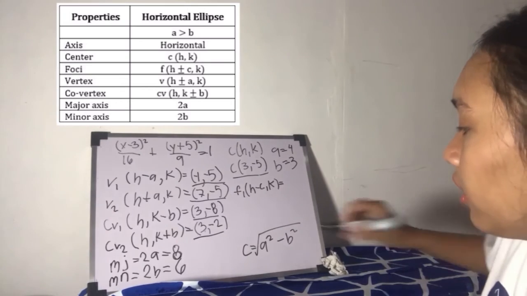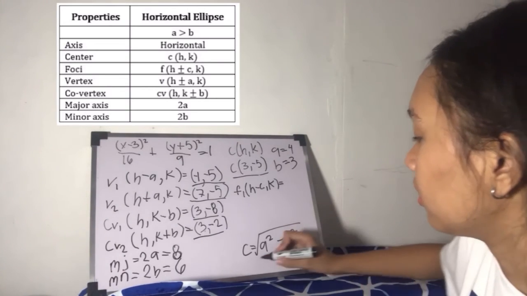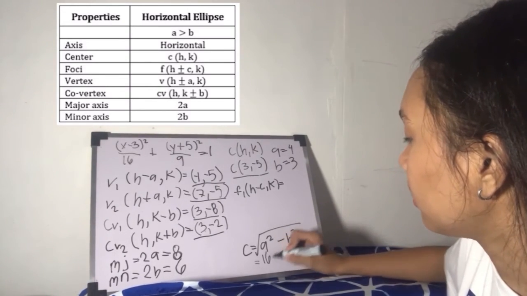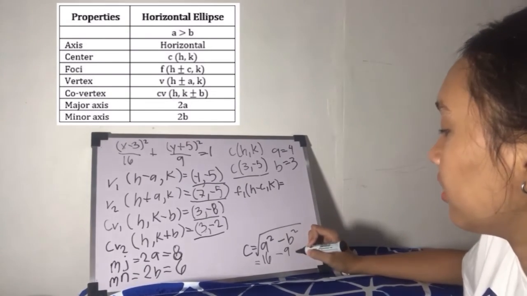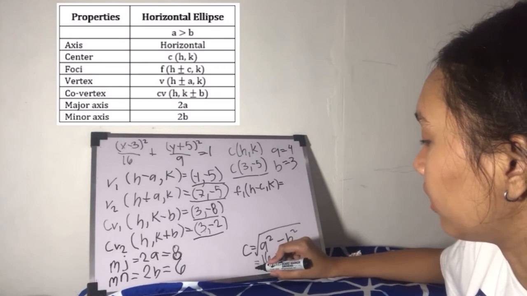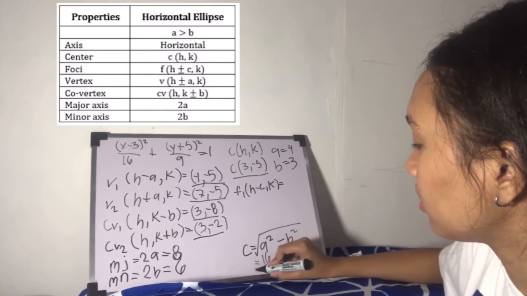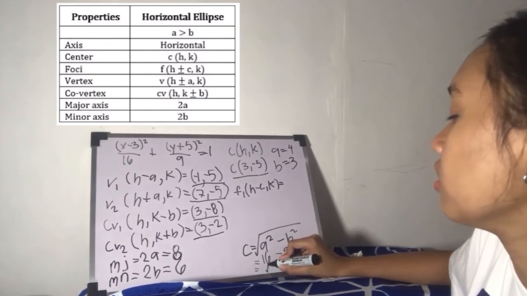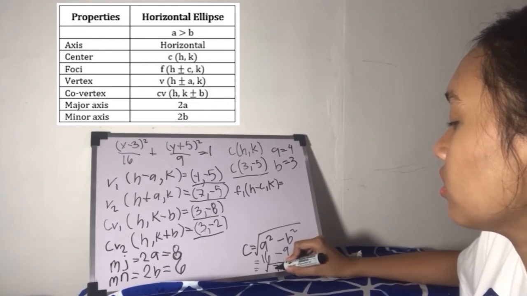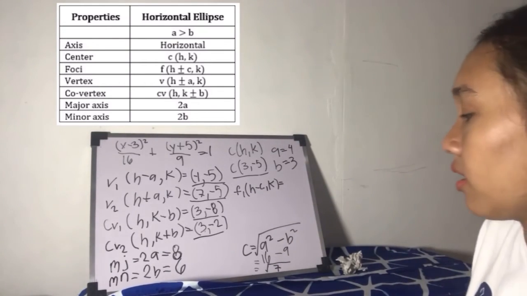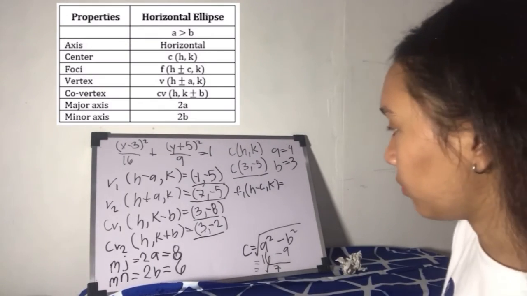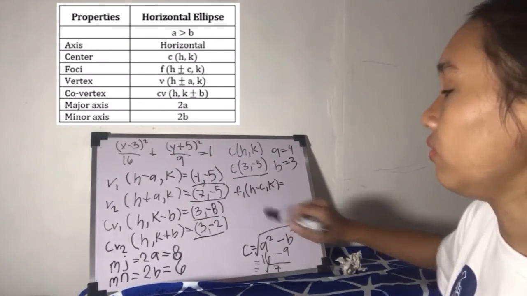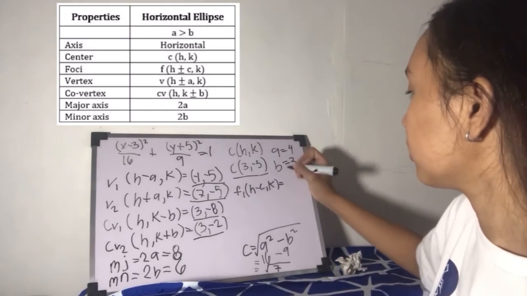Okay, a squared is 16 and b squared is 9. 16 minus 9 is equal to 7. So that means our c is equal to the square root of 7. This is our c.